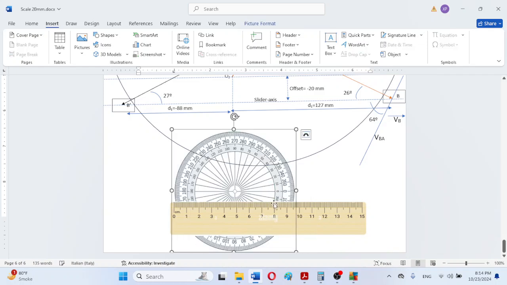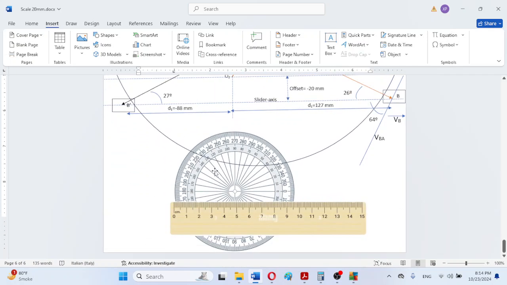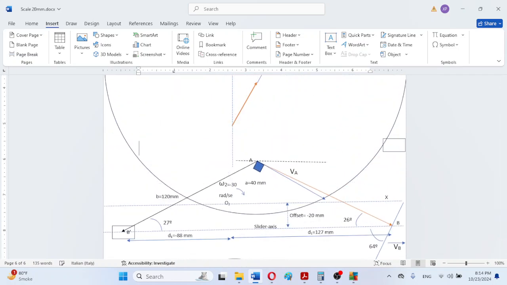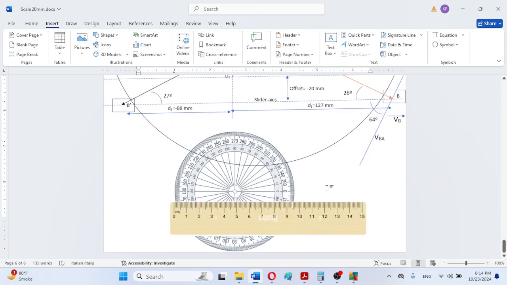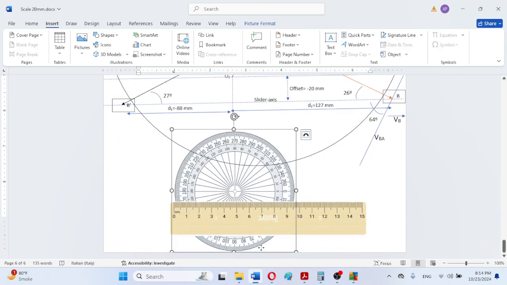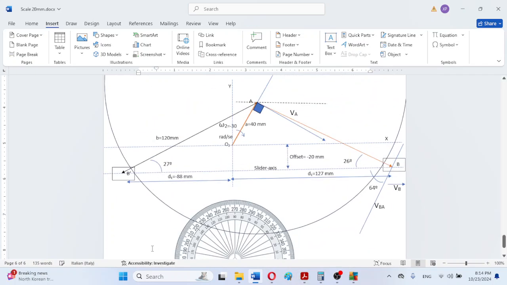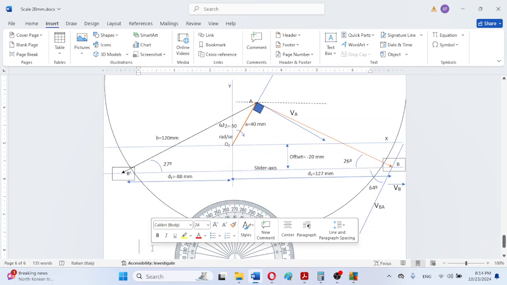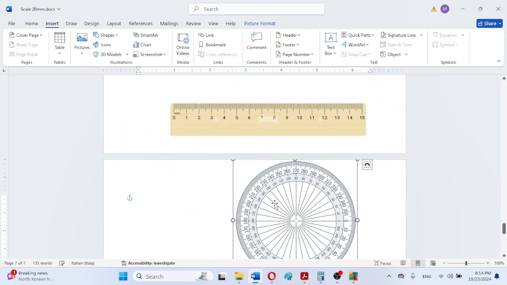The velocity diagram can be drawn on the next page, so we move on to the next page.